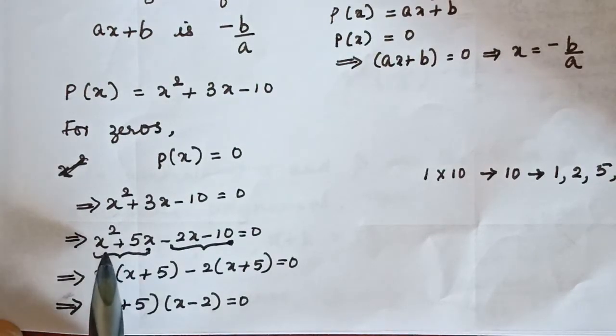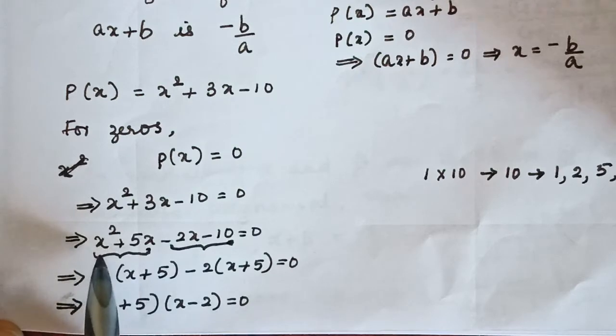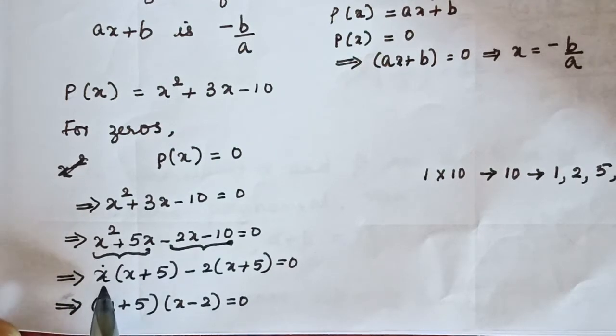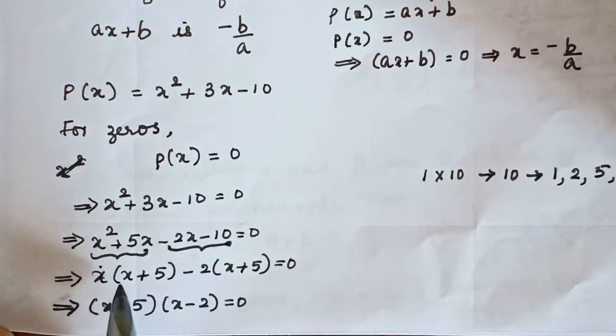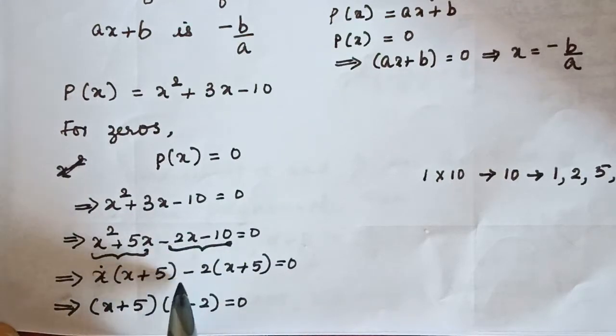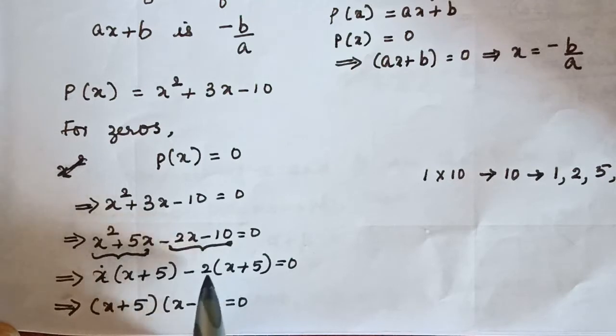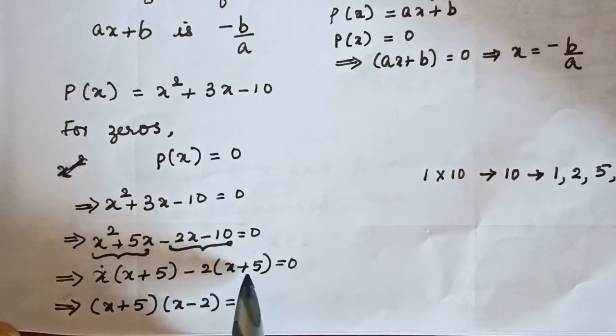For that, this can be written as x into x plus 5. From these two terms, x is a common factor, so we took x out, that is x into x plus 5. Now inside the bracket it is x plus 5. So here also the same term should come. That is, this can be written as minus 2 into x plus 5.